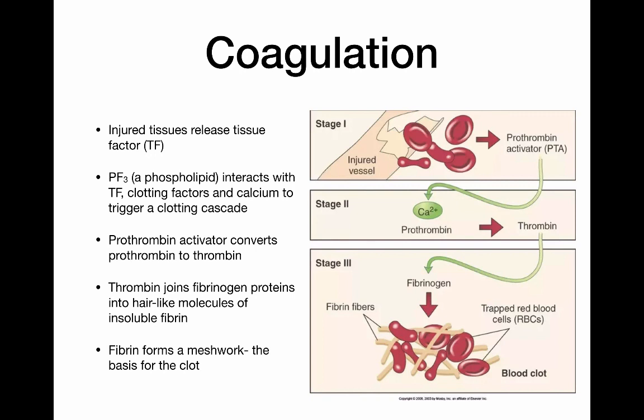And then fibrin's job is to make a meshwork that will allow the platelets and the blood clot to stick to that area. So fibrin is the mesh that holds it all there, and it will stay there until the endothelium regenerates underneath.